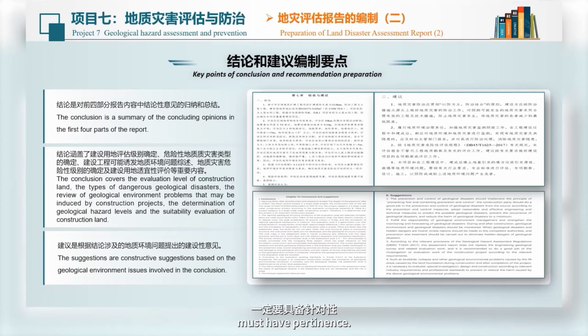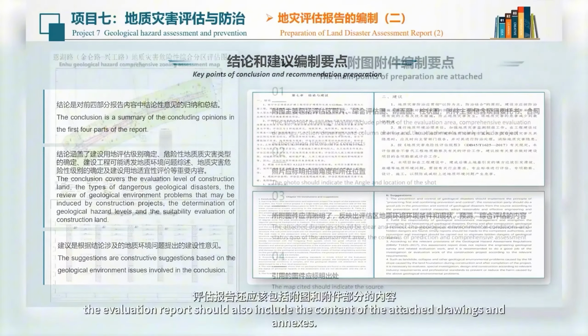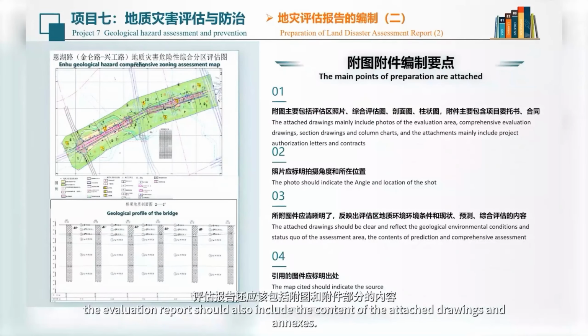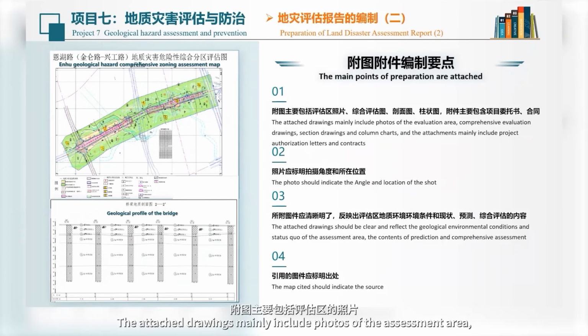They must have pertinence. In addition to the 6 parts of the main body of the report, the evaluation report should also include the content of the attached drawings and annexes. The attached drawings mainly include photos of the assessment area, comprehensive assessment maps, sections, and bar charts.